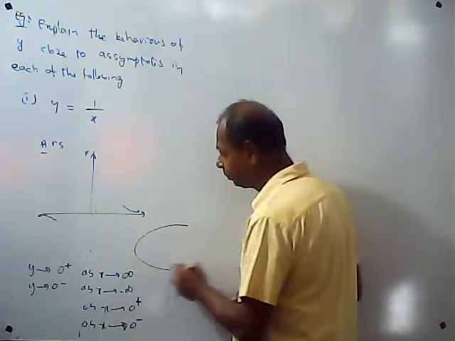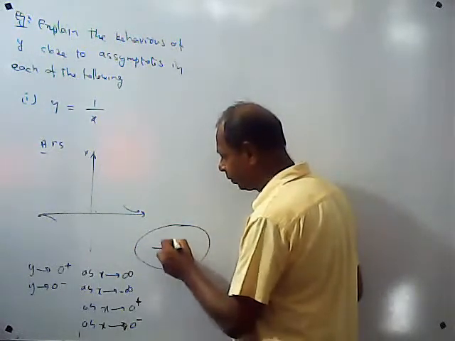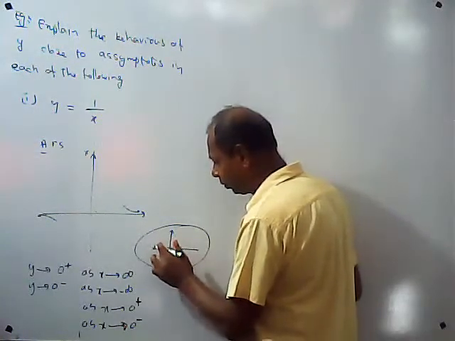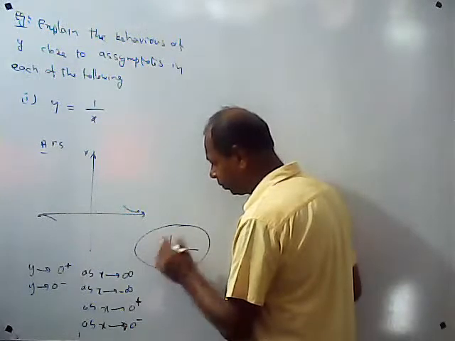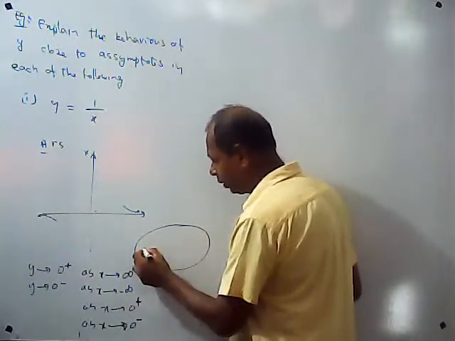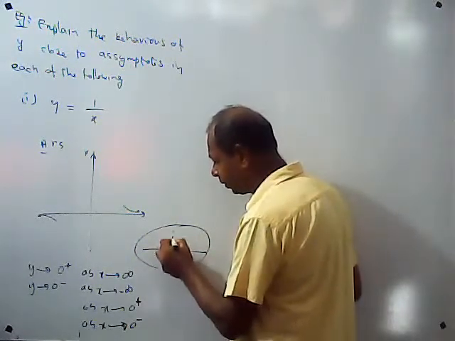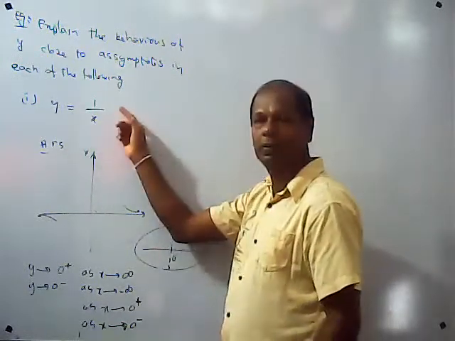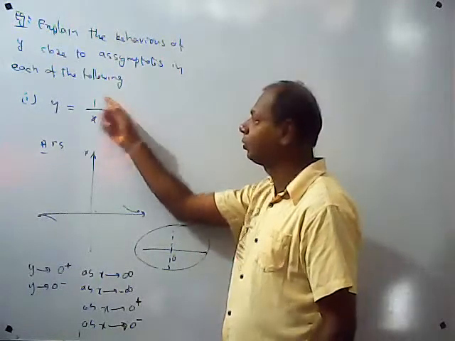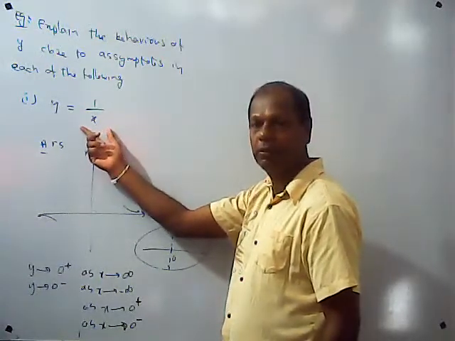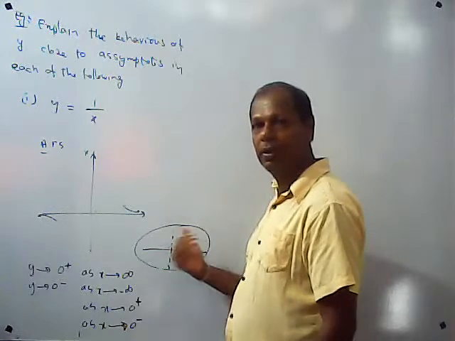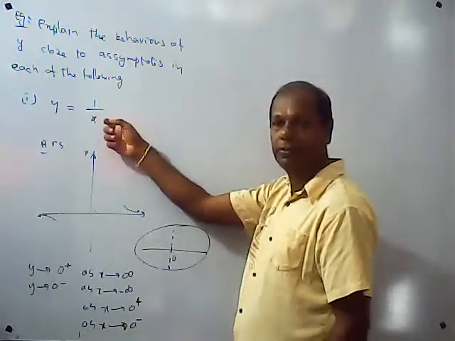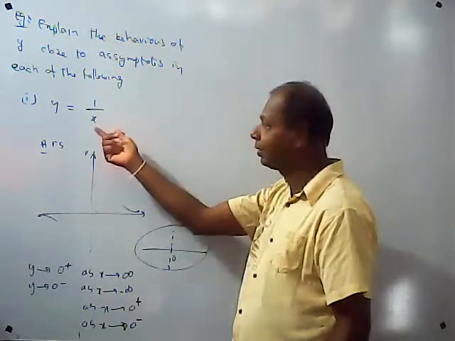That depends upon, close to 0, if y is positive or negative, right? Look at this. We are going to check for the sign of y, whether y is positive or negative in each section of the real number line. We have to consider only one factor, that is x.